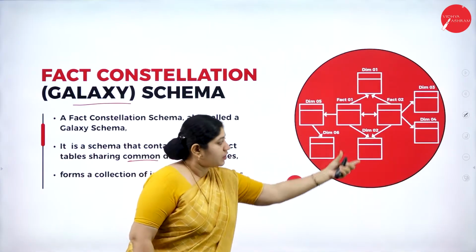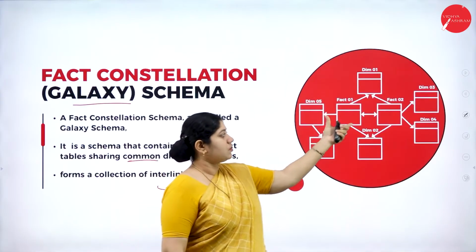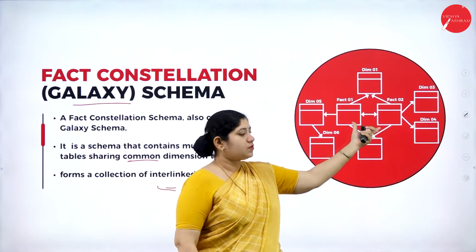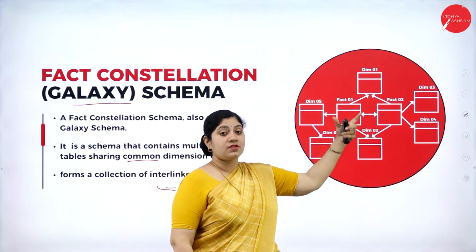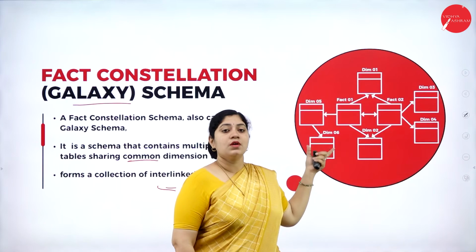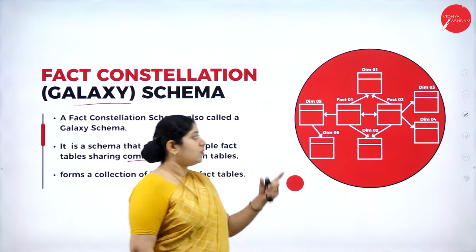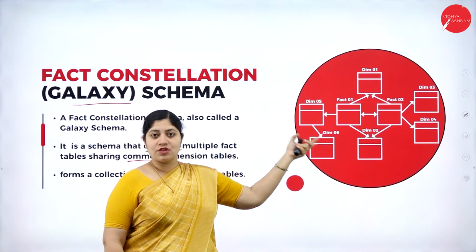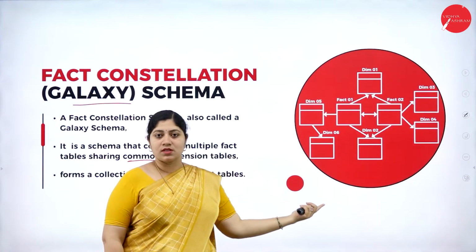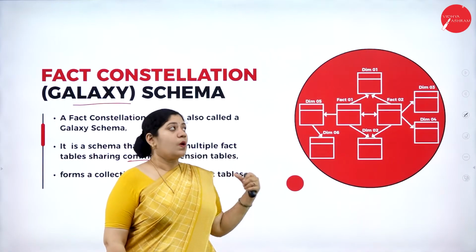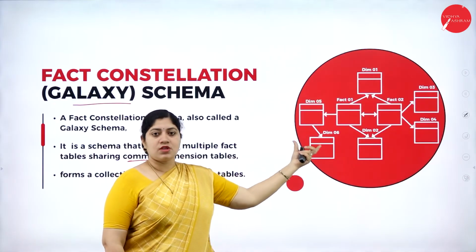Okay, so that is very important. So we can observe here we have various fact tables, that is two fact tables, and they form the common dimensional tables. Great. Now we can observe the representation is in a galaxy form, so it is termed a galaxy schema or fact constellation schema.